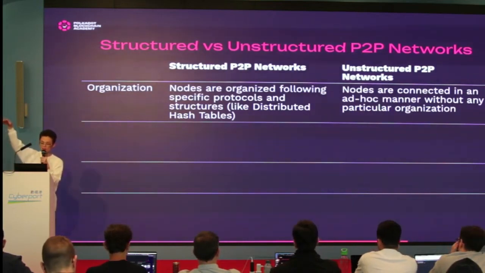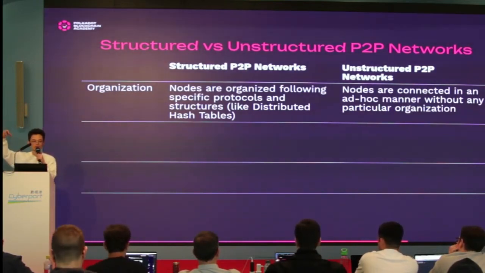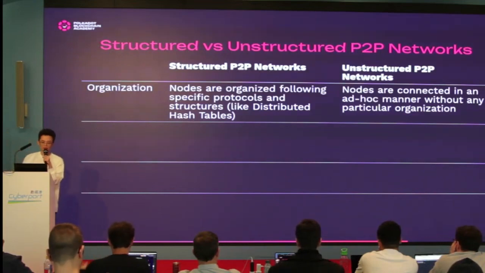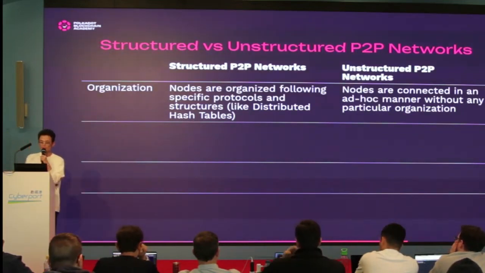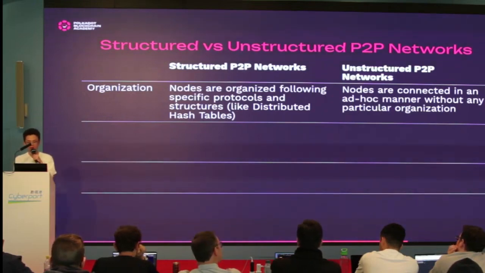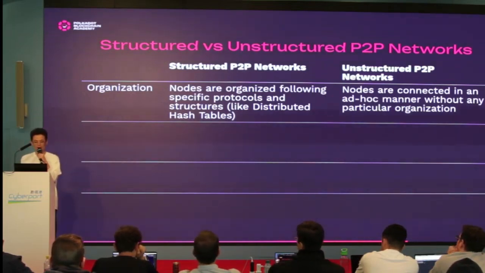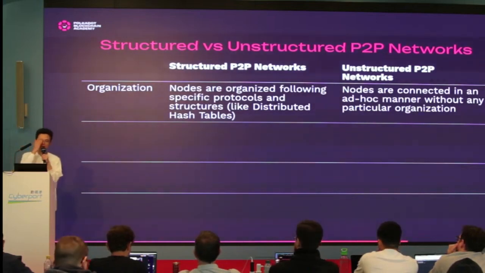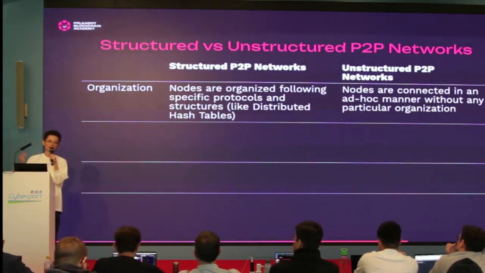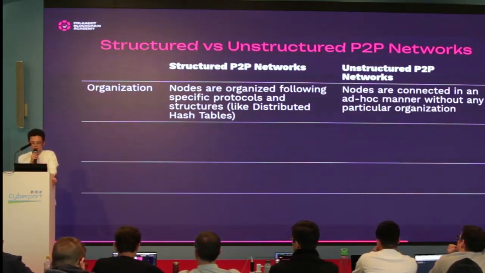For example, in the Bitcoin or Ethereum network, you will have the bootstrap node. Such a node is a way of node organization. In an unstructured peer-to-peer network, the nodes are connected in an ad hoc manner without any particular organization. Whenever you join the network, you are connected with whatever you know, and such a network will be ad hoc.